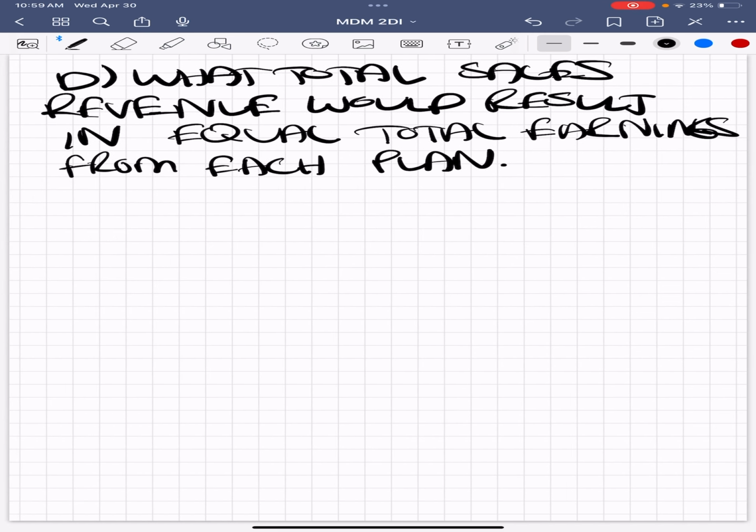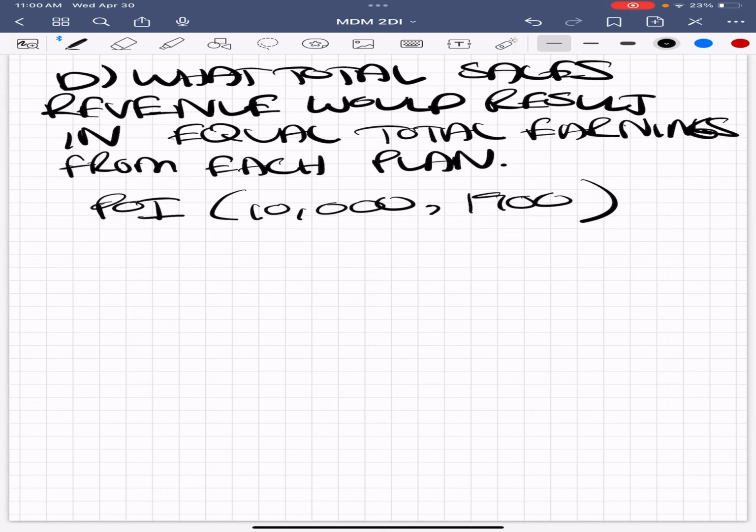What total sales revenue would result in equal total earnings from each plan? So we have our point of intersection, which is 10,000 and 1,900, x, y.